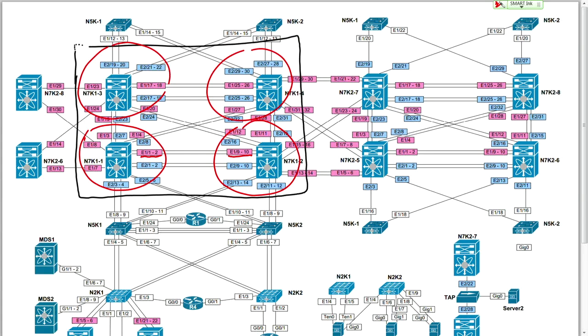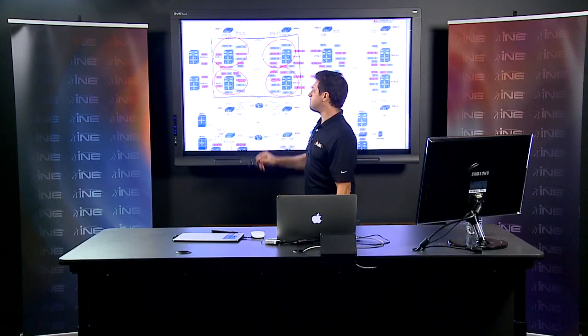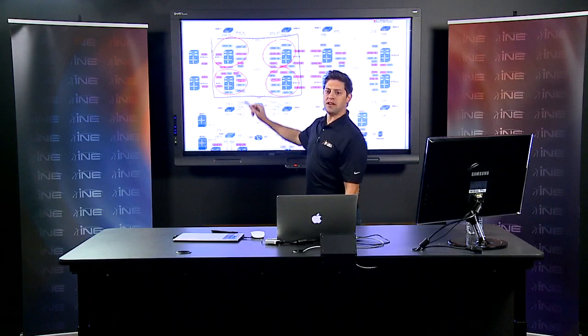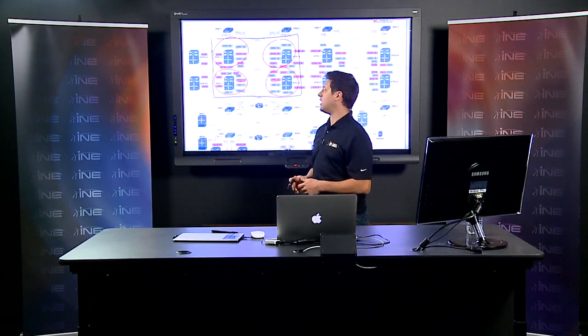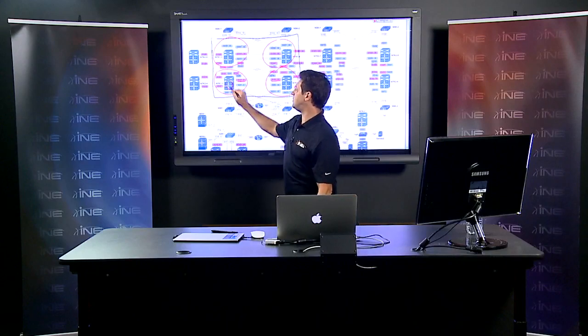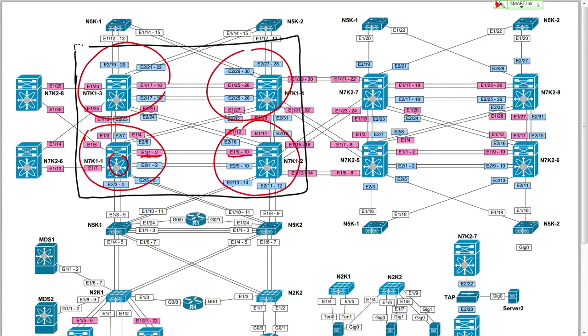So if I say I want to allocate, let's say, Ethernet 1/1 through 8, so Ethernet 1 being module 1, and 1 through 8 being the ports 1 through 8, if I want to allocate those to VDC 1, which all ports are allocated to the default VDC by default, for the sake of being redundant, if I want to allocate the next 8 set of ports, which is what we're going to do, it does not then reuse the numbering.